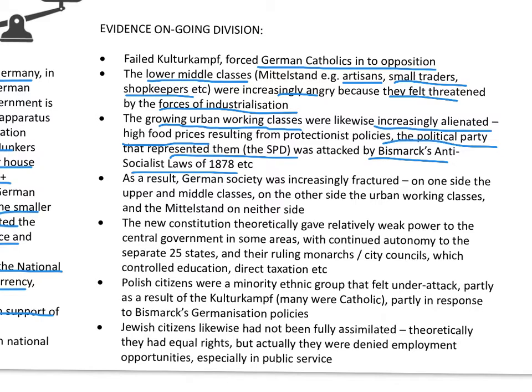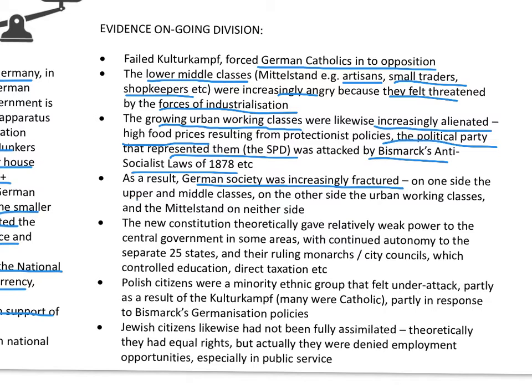And in a sense, a bit like the Catholics, it was a failure because Bismarck probably didn't need to attack them. Really, innately, the Catholics and the workers were fairly loyal to Germany, but because they were being attacked by Bismarck, because Bismarck saw them as being disloyal, they were forced into a position of opposition. So that was all, again, very decisive. So as a result, German society was arguably increasingly fractured.